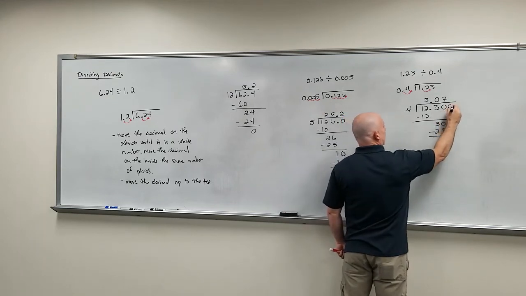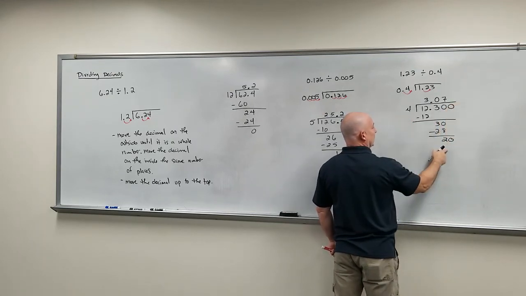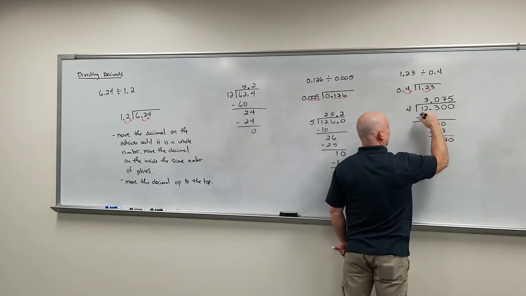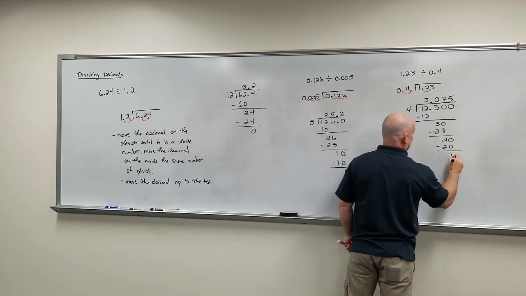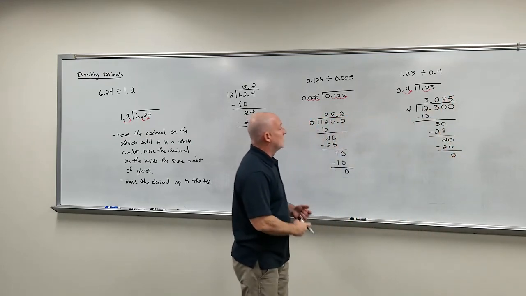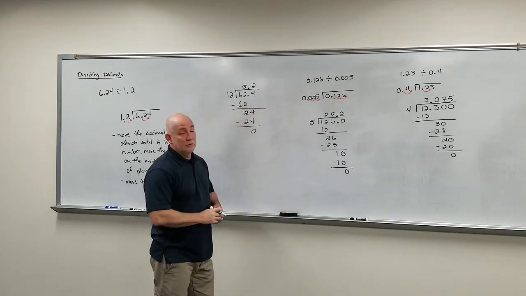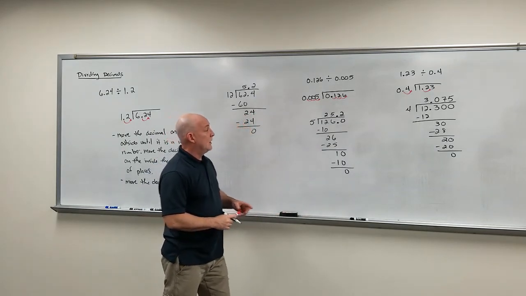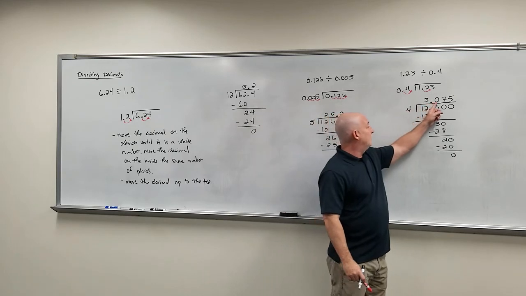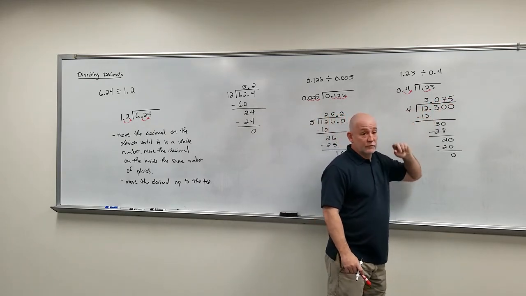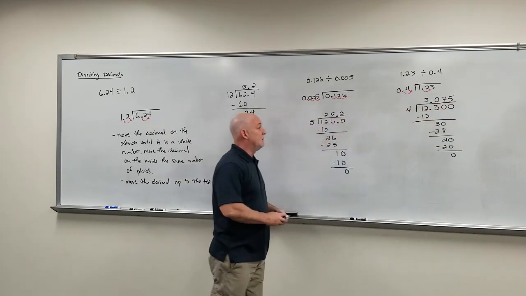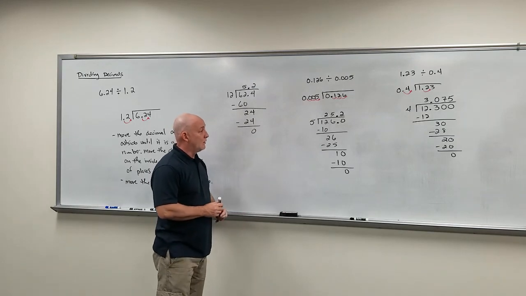I have to add another 0. 4 goes into 20 5 times. 4 times 5 is 20, and we're done. All right, so 3.075, or 3 and 75 thousandths would be our answer.